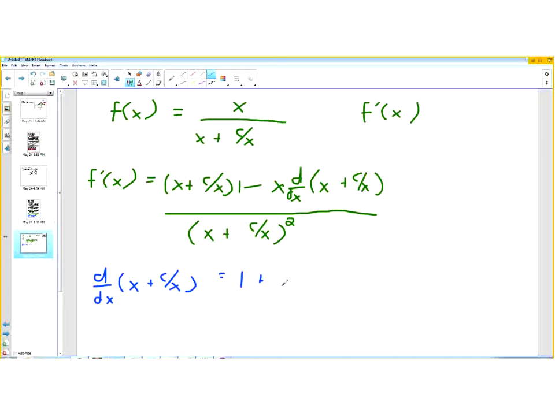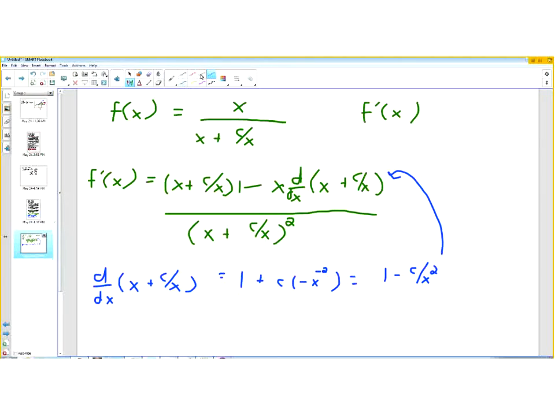C is presumed to be a constant, and then we can use the power rule for x to the minus 1. As you can recall, the derivative of 1 over x is negative x to the minus 2, which is equal to 1 minus c over x squared.